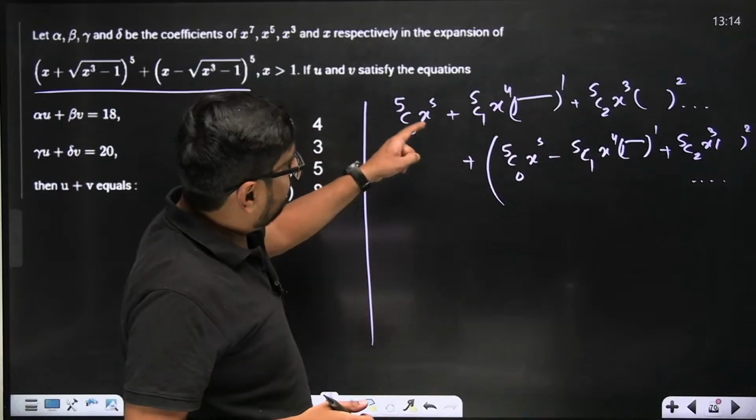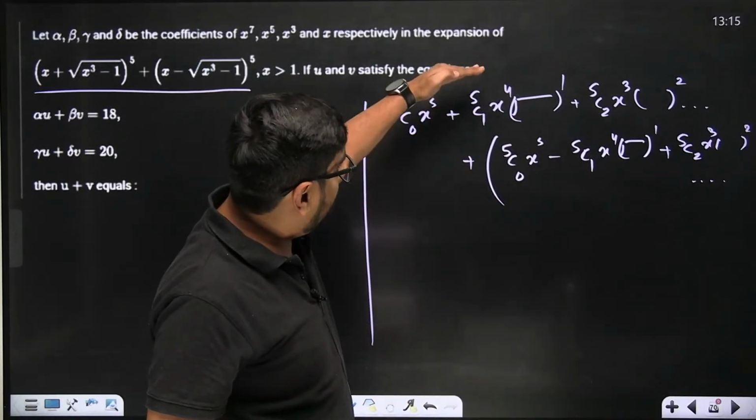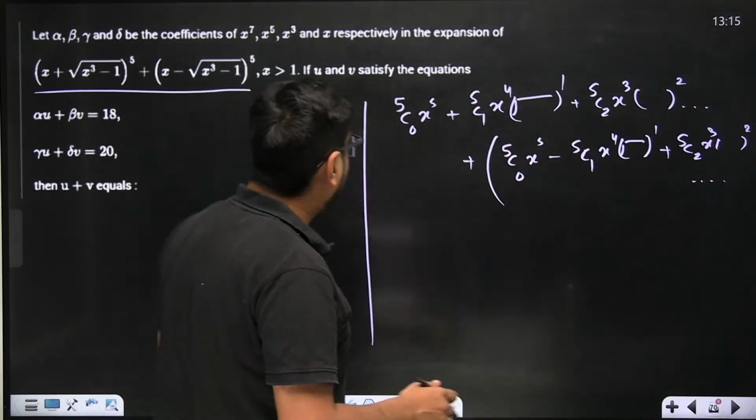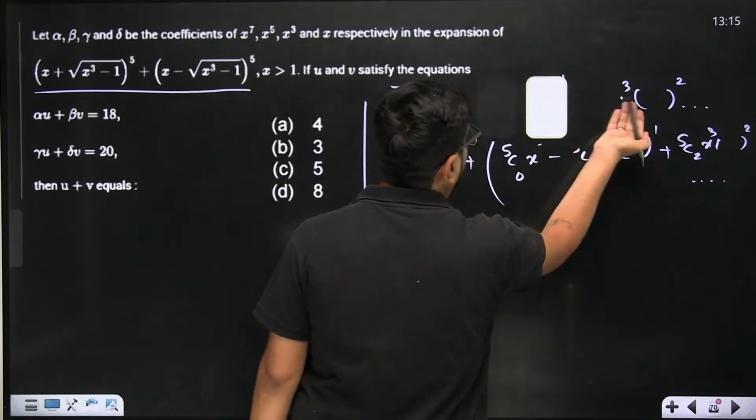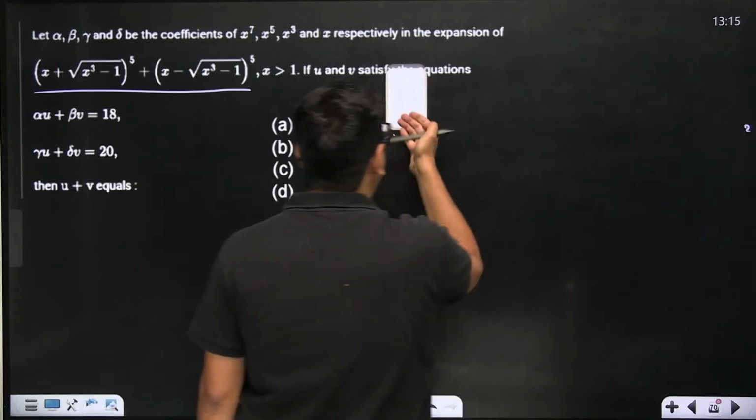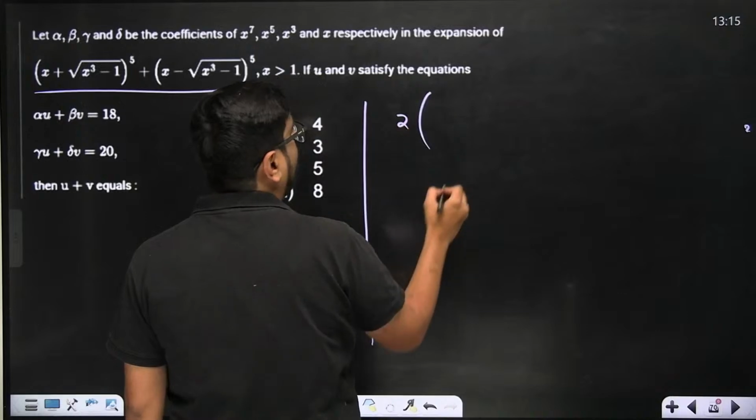So which terms are remaining over here and which terms are cancelling? These odd terms are cancelling, that means in this entire thing only even terms will remain. So 2 times of even terms.